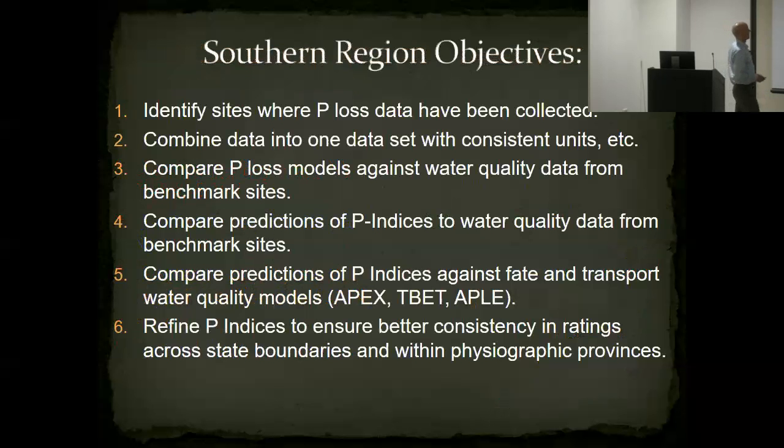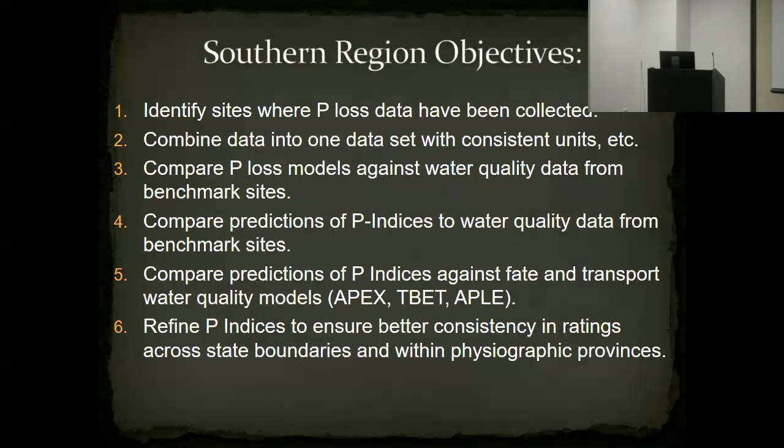So our objectives, first of all, were to identify sites. Part of this was not to collect new data, but to identify existing locations where adequate data were available that we could use. One of the things that turned out to be a much bigger headache than we anticipated is taking the data and combining them into one database.